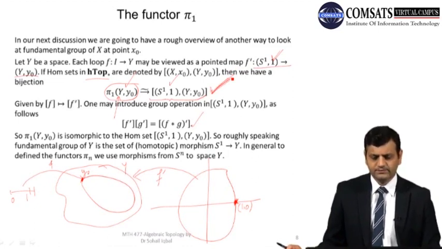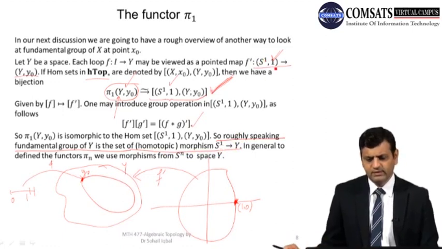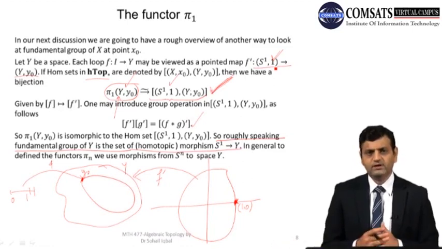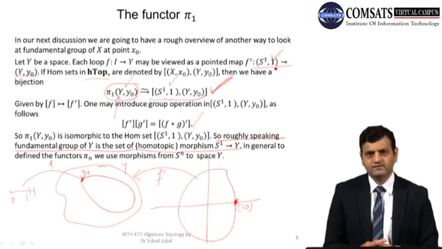So roughly speaking, this is the important deduction: the fundamental group of Y is this set of homotopic morphisms from S1 to Y. Of course this is roughly speaking, because actually these are pointed maps and pointed morphisms, but we can say that the fundamental group of Y at a point y naught is the same as the family of homotopy classes of pointed maps between S1 and y naught.